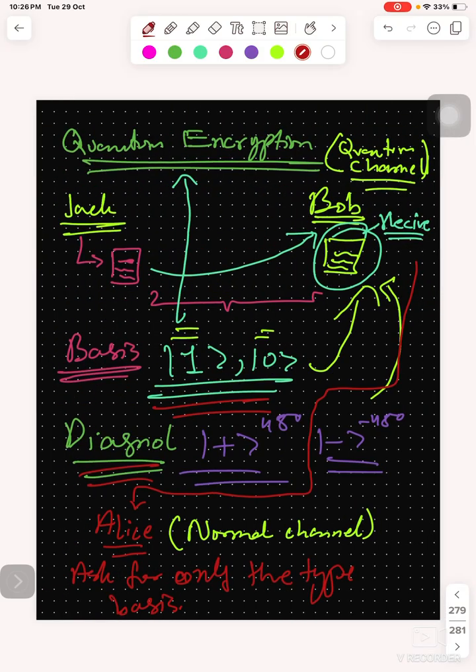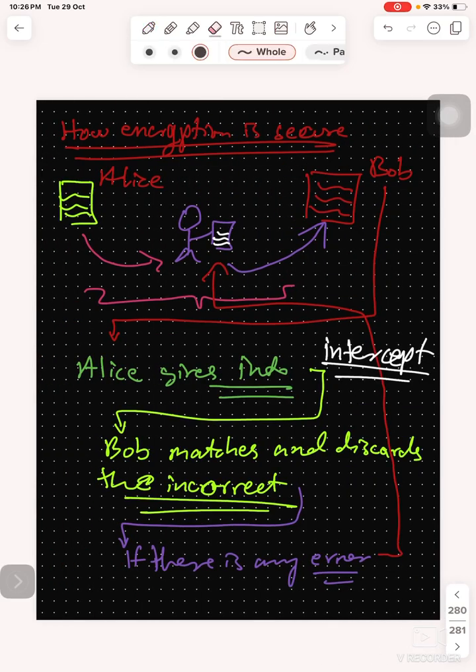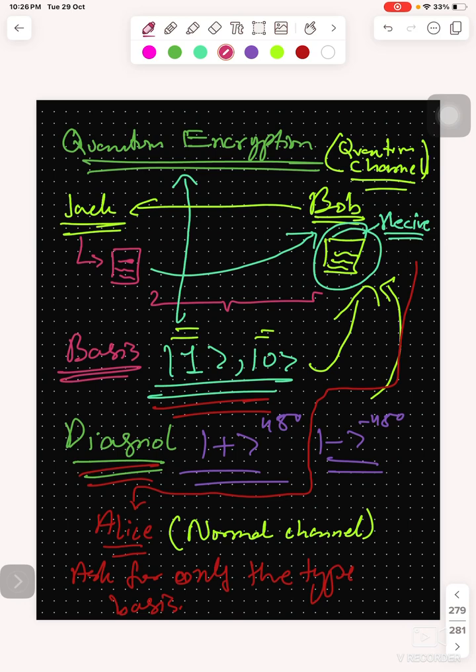And again, the same thing about measurement. When Bob receives, he'll send a message to Jack. Here, Alice. Wait, sorry, I'll change back again. Okay, fine. Jack was busy, so he went somewhere else, so he gave the phone to Alice. So when Bob sends the message, he will do measurement.